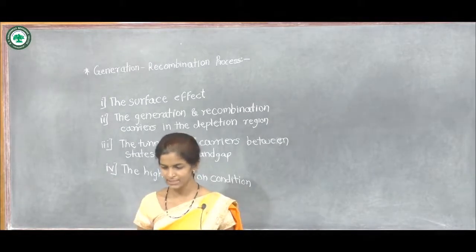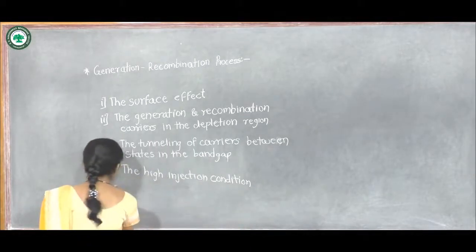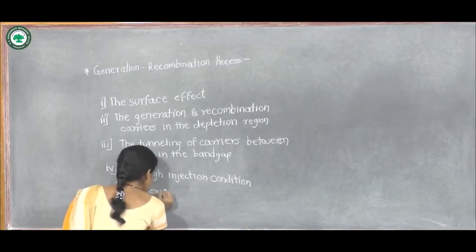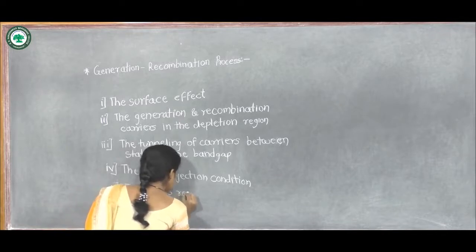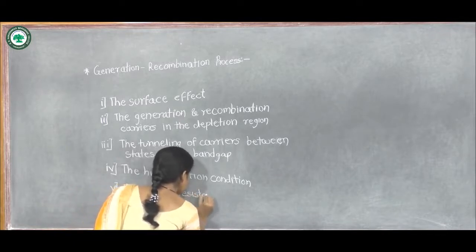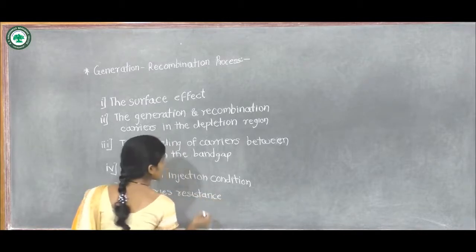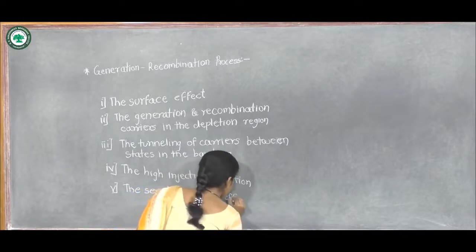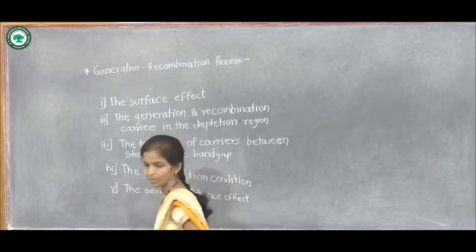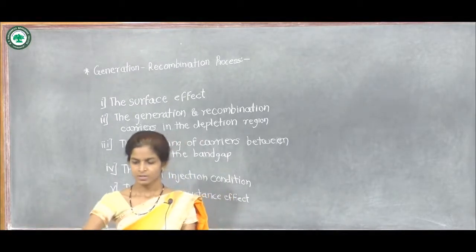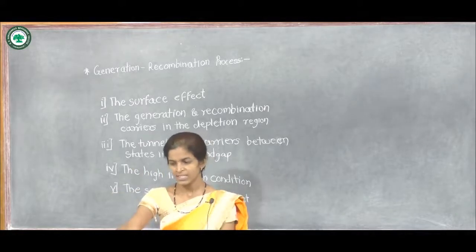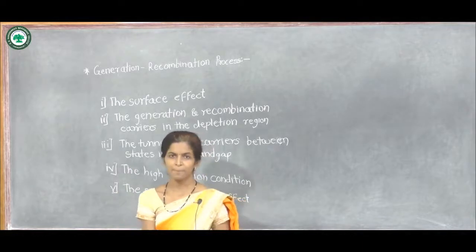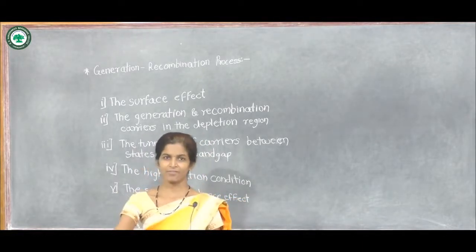And the fifth reason is the series resistance effect. In addition, under sufficiently large field in the reverse direction, the junction will break down as a result of avalanche multiplication.